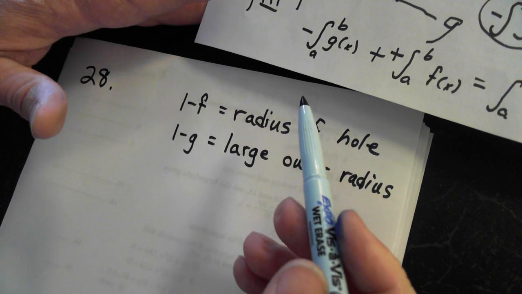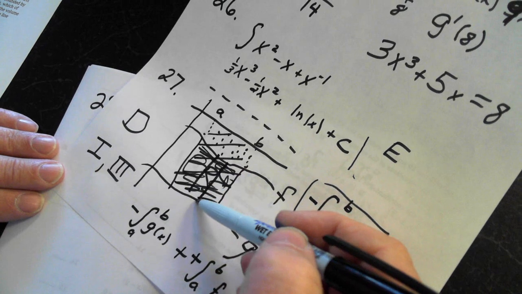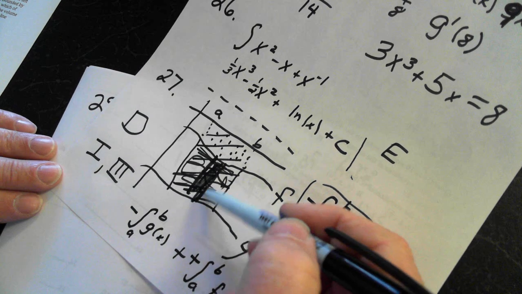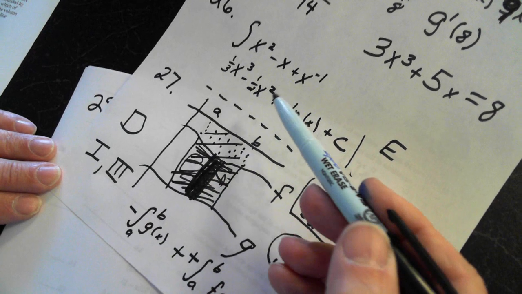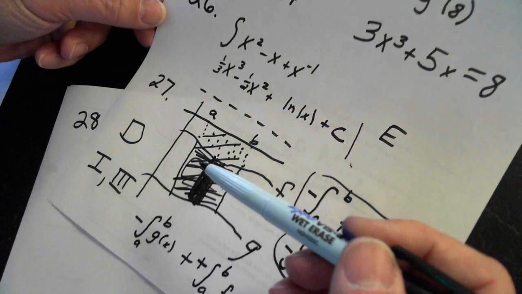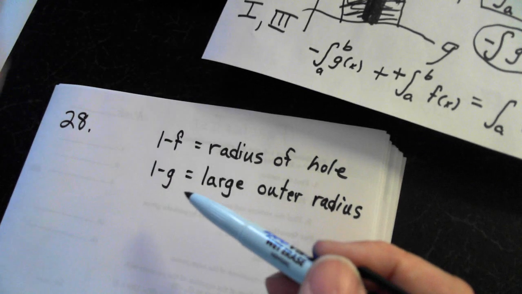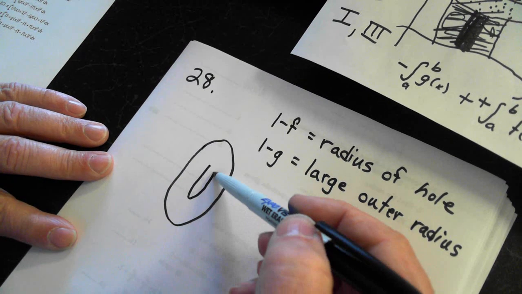Now if you take a representative slice here, and you rotate that around y equals 1, you're going to make what they call a washer, or a cylinder with a cylinder hole out of it. So the shape is going to look like this.